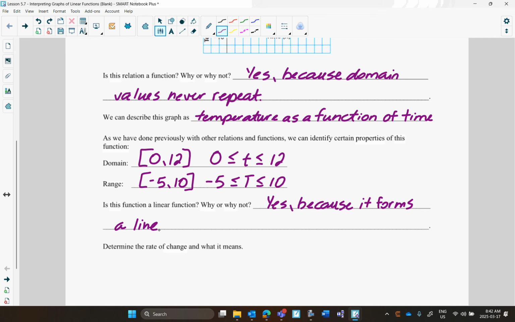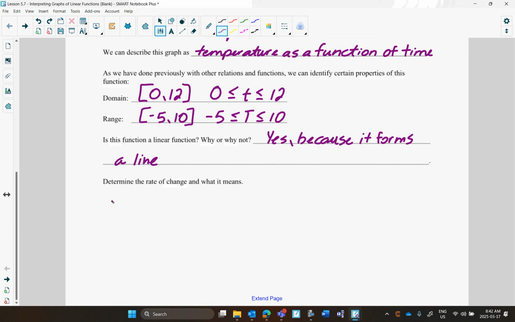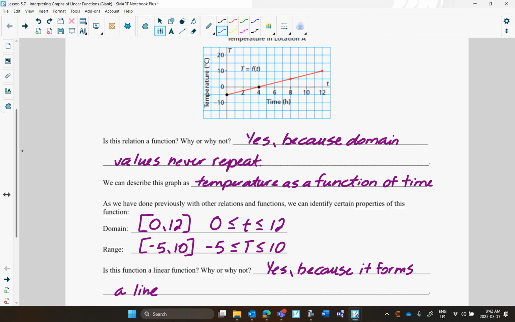The rate of change, remember, the rate of change, and I'll just put RC. It's the same as the slope. Second y minus first y over second x minus first x. So we just need a couple of points on the graph. Well, I've got 4 points I can plainly see, so let's use these ones.